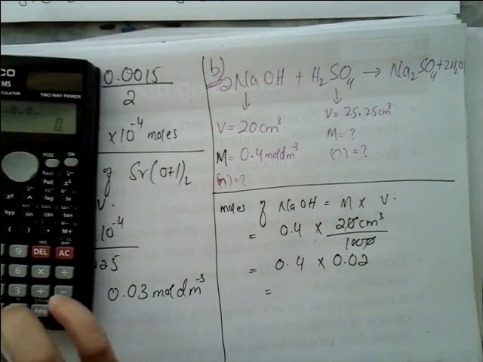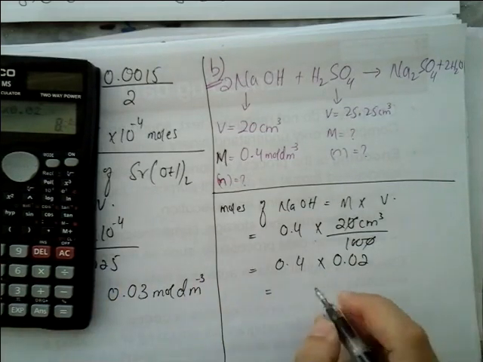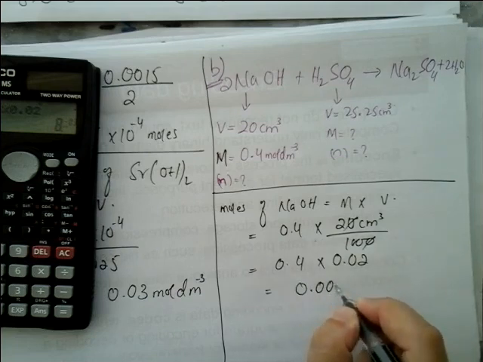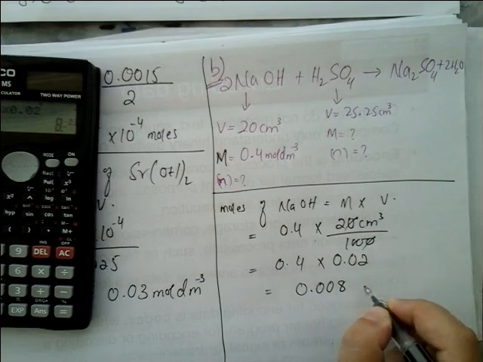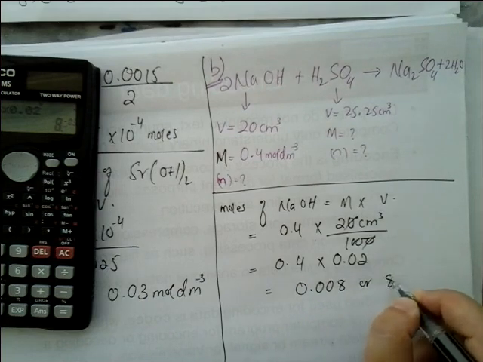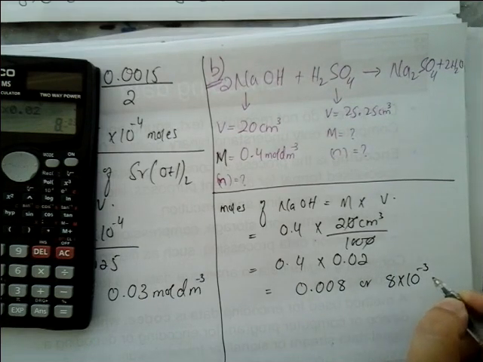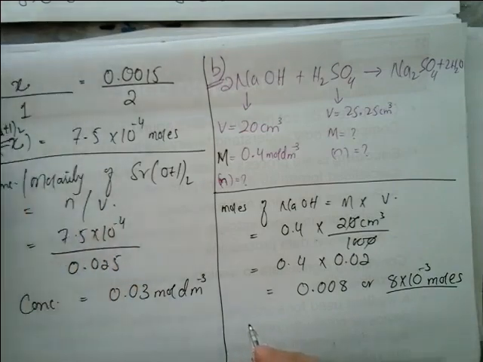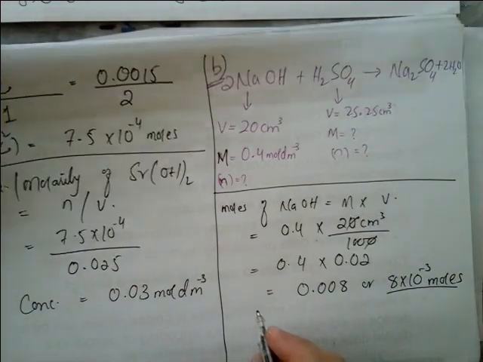It comes out to be 0.008, or 8 into 10 raised to power minus 3 moles. You can also write it in standard form. So in the second step, you have to apply the mole concept.